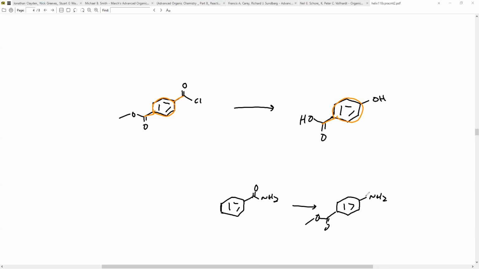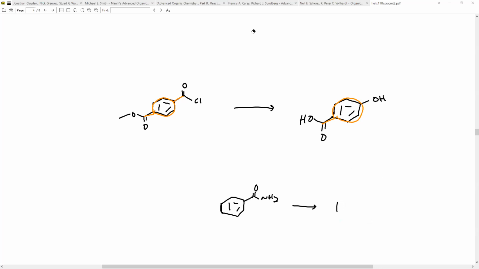But we haven't really gone over explicitly a way to do this with an oxygen. Is there a way to do a Hofmann-type transformation, but form an alcohol instead?